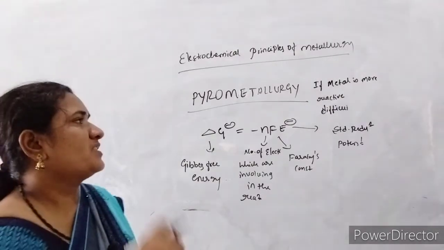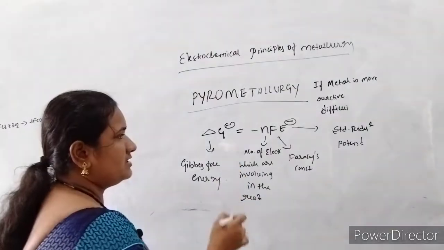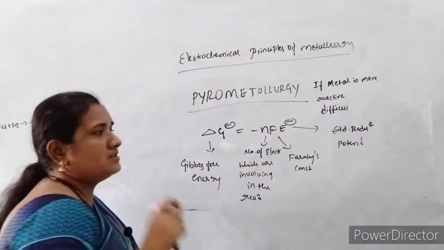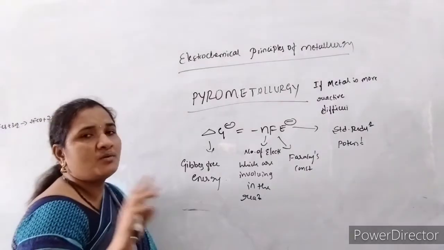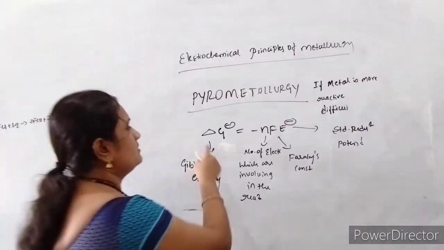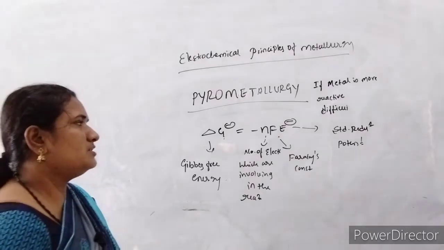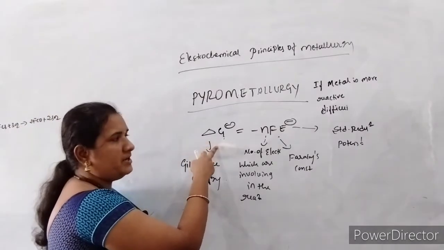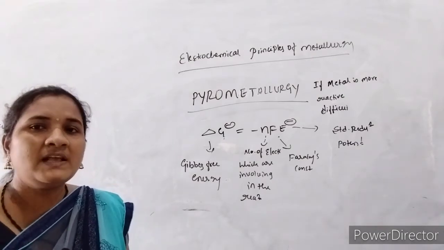Here I am talking about the standard reduction potential, the difference between the right hand cell and the left hand cell. I think it is present in the electrochemistry chapter, so it will already be completed. So E naught is the difference between the right hand cell and the left hand cell.